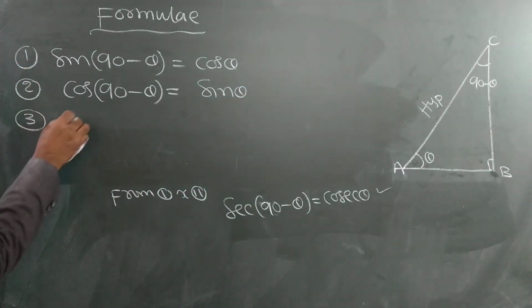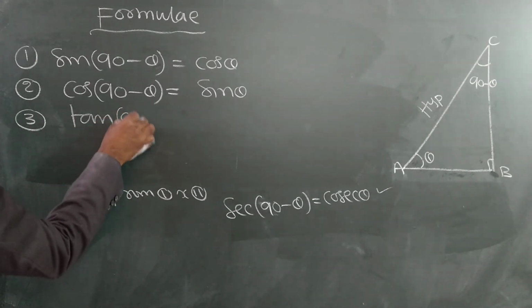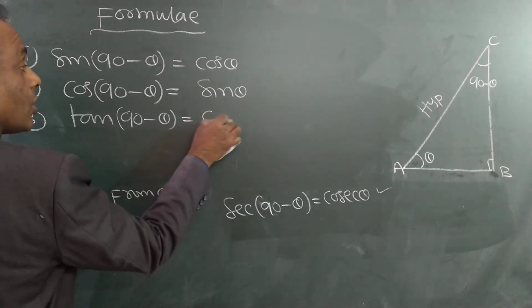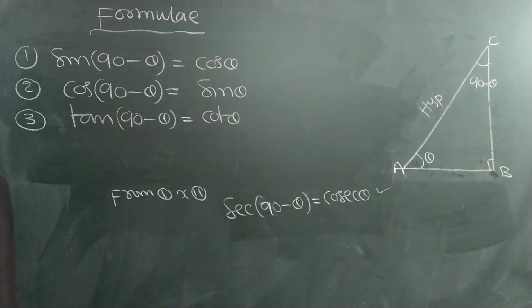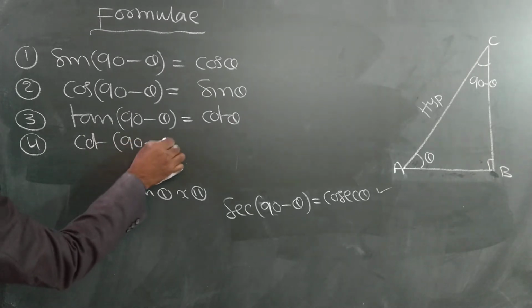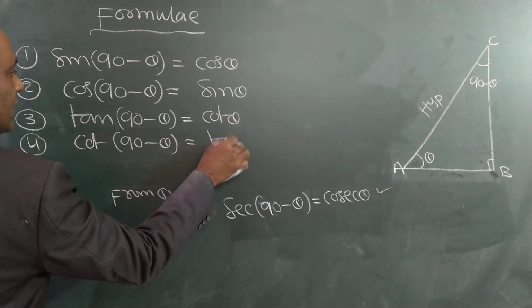Third formula is tan. Tan changes to cotangent. What is the cotangent short form? Cot. Same way, cotangent changes to tangent. Tangent means tan.